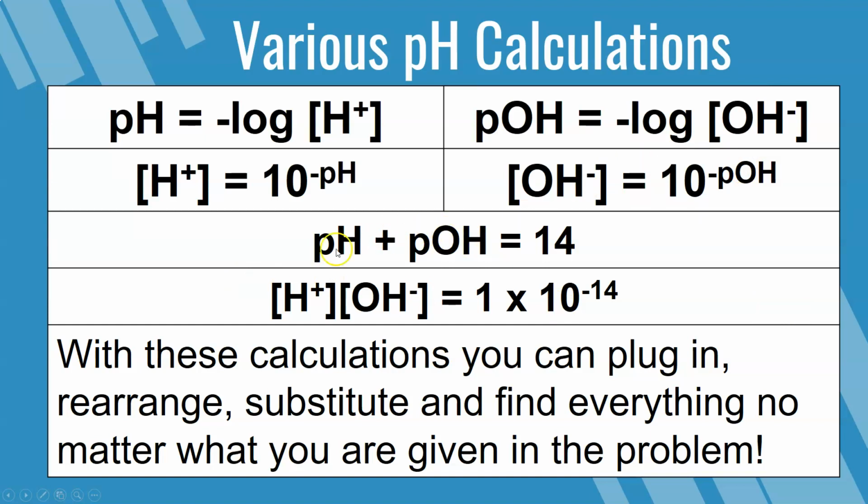You could add these together, right? Equals 14. So if you know one of them, you could subtract and find the missing one. Another weird thing is if you multiply the concentrations together, it will equal 1 times 10 to the minus 14. So if you knew one of these concentrations, you could divide to find the other one.